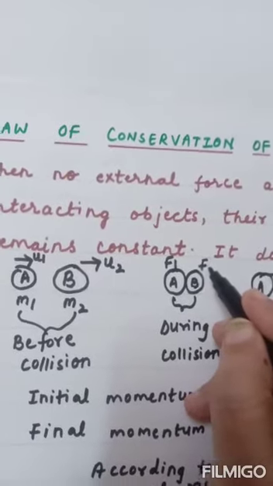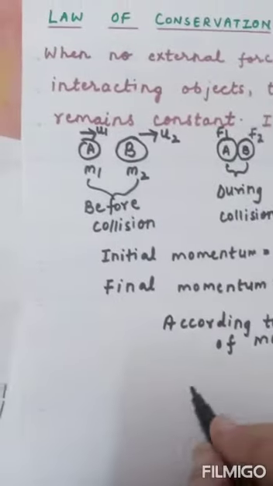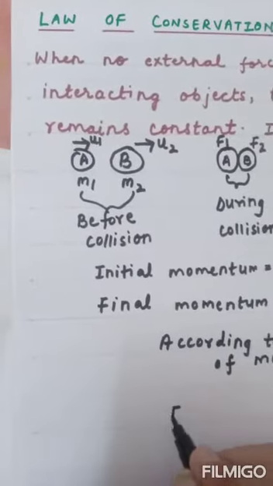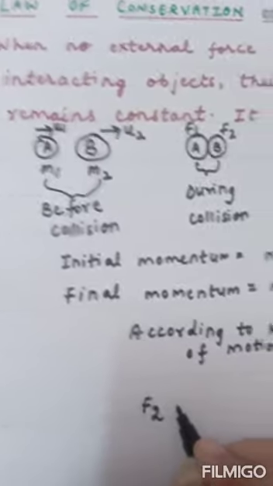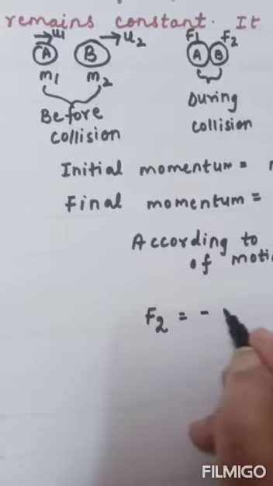This is Newton's third law of motion. So F2 will be equal to minus F1.